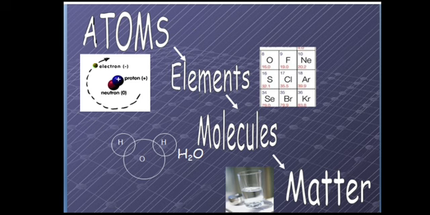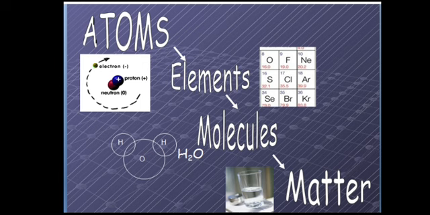Its structure is similar to your solar system. You have the nucleus and the electrons. In the nucleus, you have the neutrons and protons. Positively charged particles are your protons. Neutral or zero-charged particles are your neutrons. When these two are combined, they act as your nucleus. You have the negatively charged particles called electrons in orbit around the nucleus.